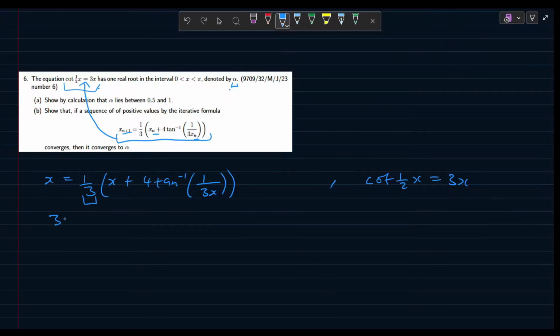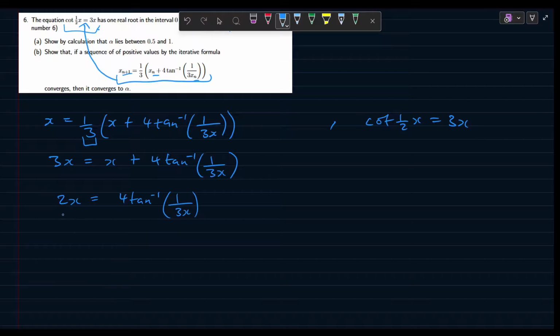So that's 3x equals x plus 4 arctan of 1 over 3x. And let's subtract x from both sides so that we've got 2x equals 4 arctan of 1 over 3x, and divide both sides by 4. So you get 2x over 4, which is x over 2, equals arctan of 1 over 3x.